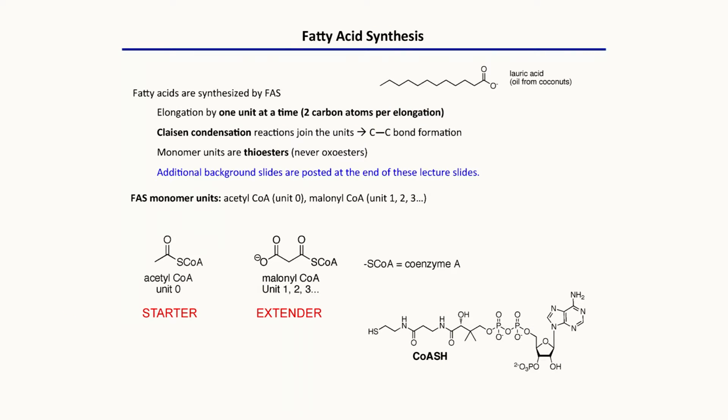Hopefully you're all familiar with at least 2 ways to form a carbon-carbon bond related to biochemistry, one of which is Claisen condensations. Claisen condensations allow for carbon-carbon bond formation and join the units. To keep in mind, the monomers are always thioesters, not oxoesters. For fatty acid biosynthesis, the 2 monomer units are shown here: a starter and an extender, acetyl-CoA and malonyl-CoA. And here we have coenzyme A.